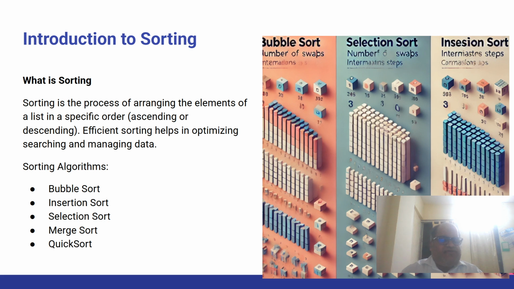There are two other sorts which are not prescribed in your syllabus and we will not be covering in much detail. They are merge sort and quick sort. Outside exam coverage, you should be aware of them because each of these, bubble sort, insertion sort, and selection sort, have their own inherent problem in terms of time complexity, and they are not suitable for the big data ecosystem.